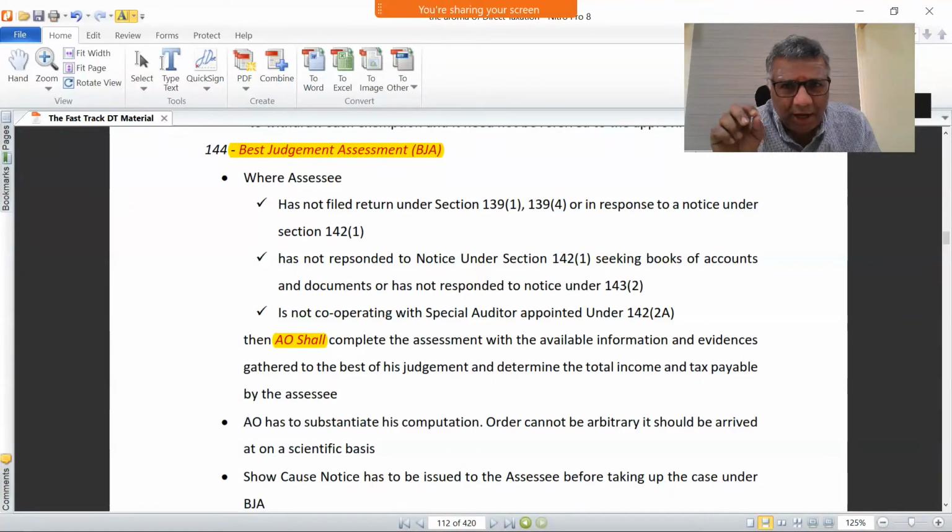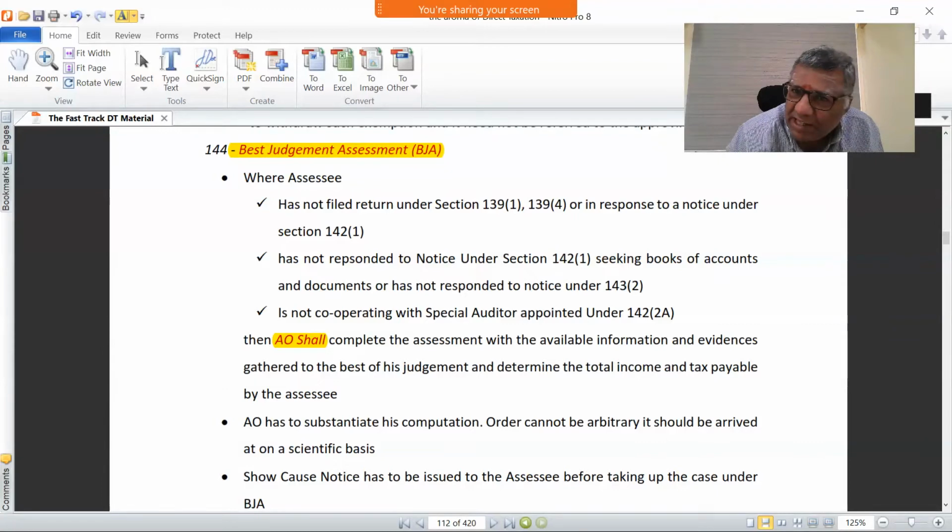How will you say? By issuing a show cause notice. Show me a reason why I should not take up your case for best judgment. Immediately, sometimes the assessee will get jittery and start cooperating. Then go by the normal scrutiny assessment itself. If he is still not showing the reason, go by best judgment.